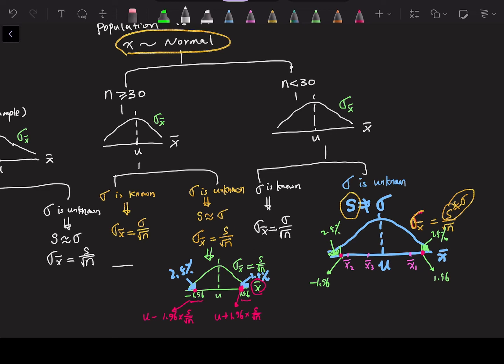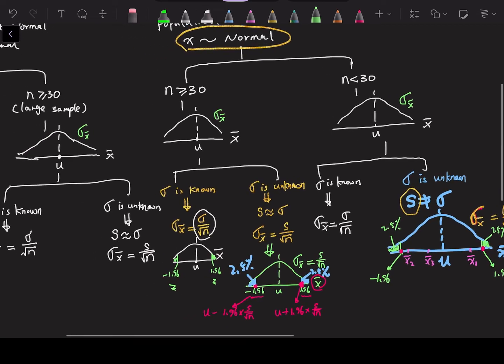Same thing here. X bar follows a normal distribution with the mean and standard error, and this is 1.96 standard errors below the mean, and 1.96 standard errors above the mean. We call this the z-score. That means we convert the distribution of x bar, this normal distribution, into a z distribution. Same thing here: x bar follows a normal distribution because n is large enough.